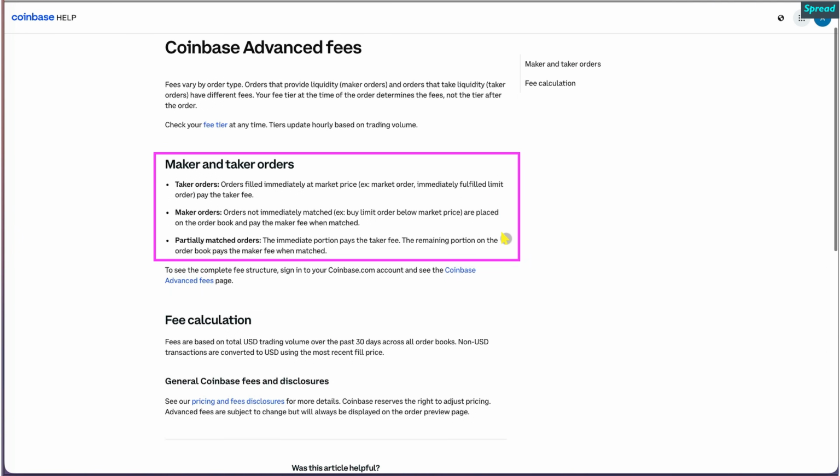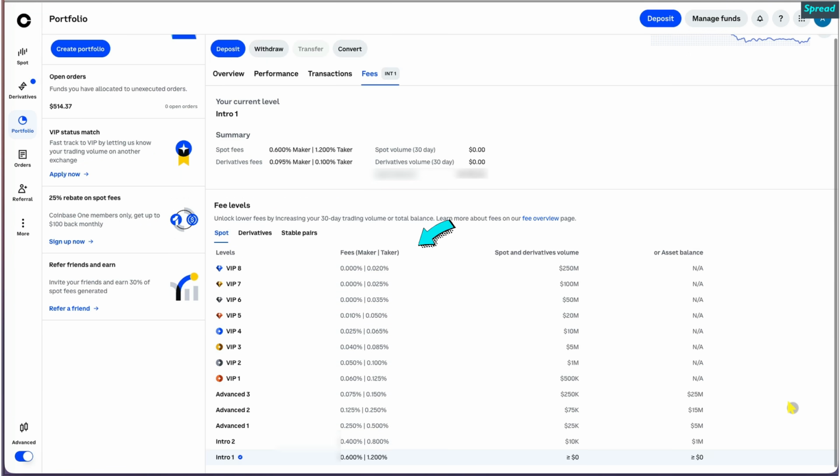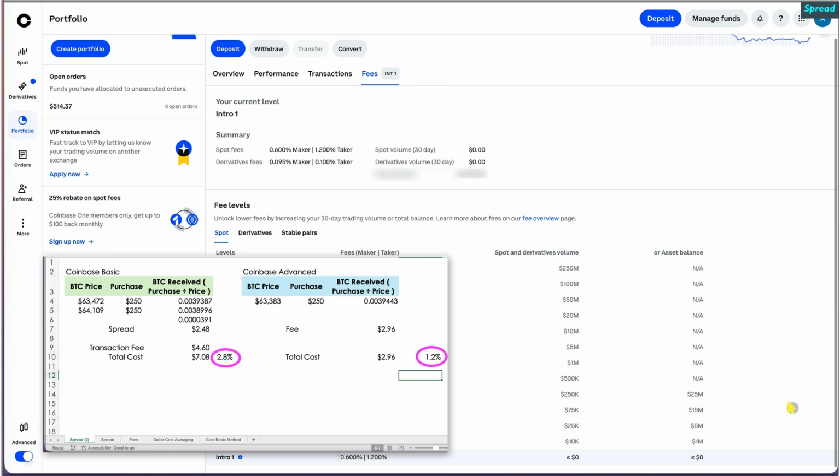Your fee depends on Coinbase fee tier system, which is based on your trading volume. Even if you only buy crypto occasionally though, it can make sense to use Coinbase Advanced if you're comfortable with it, since the total cost may be significantly lower.